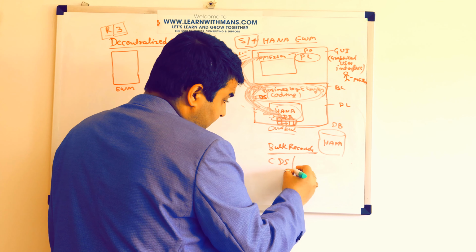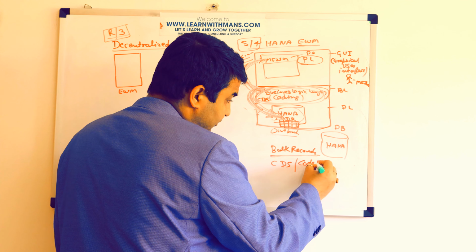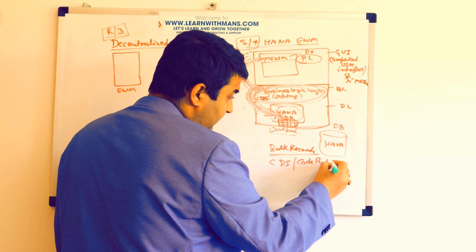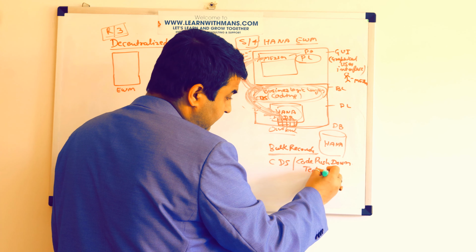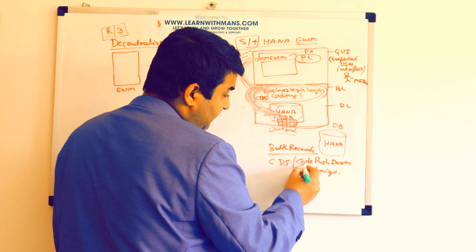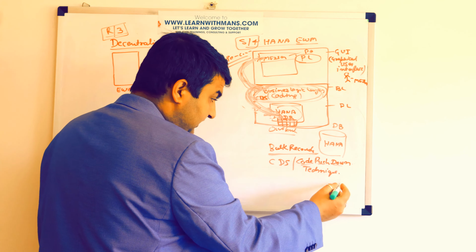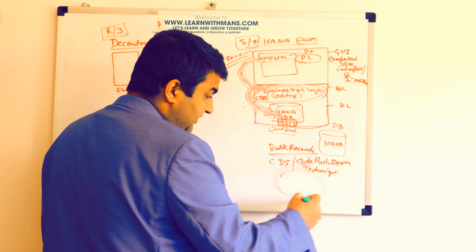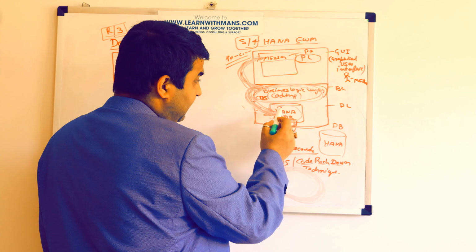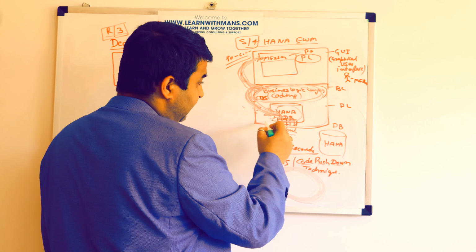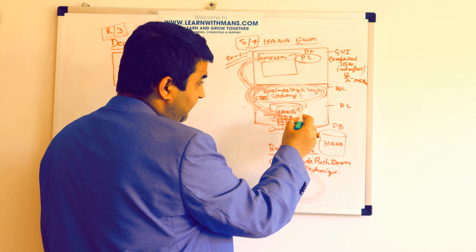the system uses the code push down technique. What is the code push down technique? It means the bulk records execution, the sum, is triggered inside the same layer, inside the database.